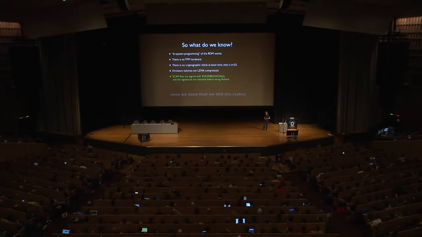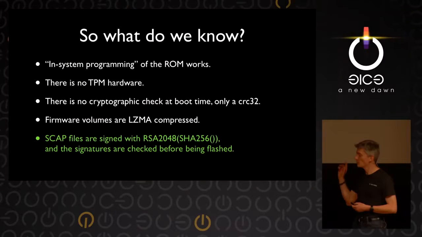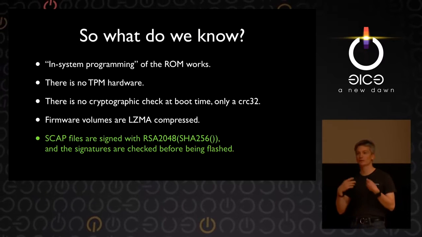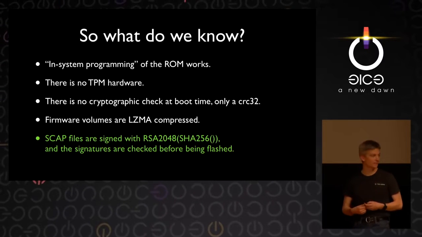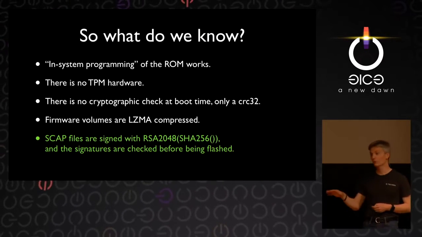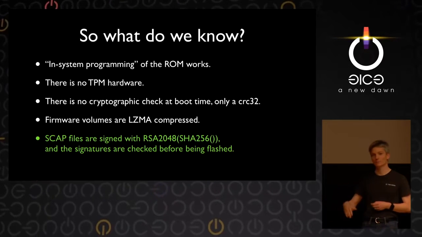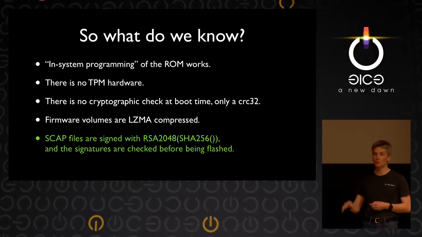Not only do we know how they're being signed, but we know that the bless tool doesn't check the signature, that it's something in the boot process that does it. And as a word of warning, if you bless an invalid file, bless will happily copy it to the partition, set the variable, and you will brick your machine.